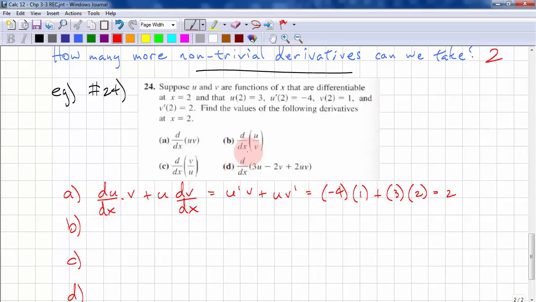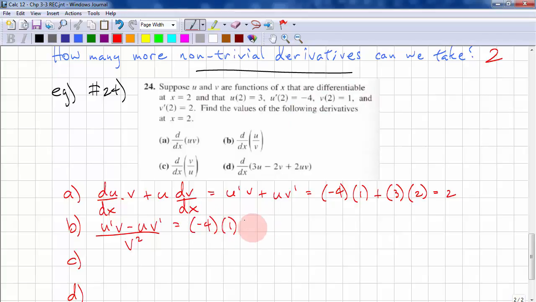B, we're looking at taking the derivative of a quotient. So we need u prime v minus u v prime over v squared. We had f and g, but you can substitute u and v. So again, u prime, always look it up, -4, v, 1.